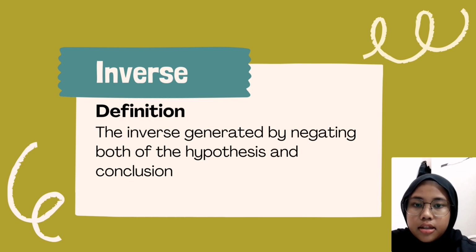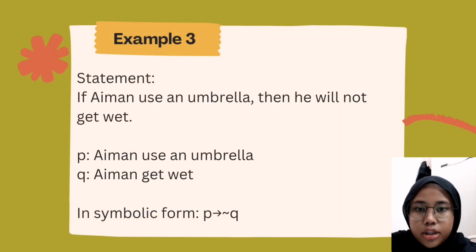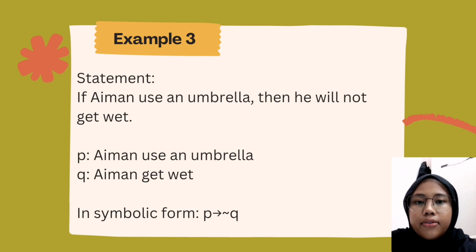For inverse, it is negating both the hypothesis and the conclusion. So here we use example 3, the same as for the converse. If Aiman uses an umbrella, he will not get wet. So we change it to symbols: P, Aiman uses an umbrella, and Q, Aiman gets wet.